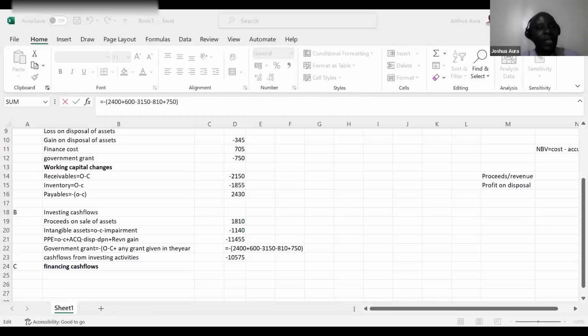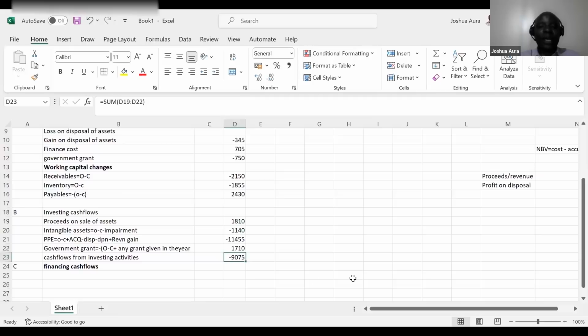And that is why we remove this from liability straight away to your income, and that is why we are subtracting here. So if I come back to my Excel, I need to say minus here, like that, and then enter. Yes, it gives me 9,075.